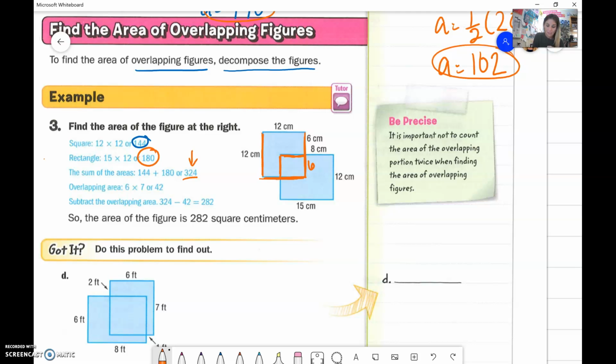The length of this entire side up here is 15, and I have used 8 right here, so this side has to be 7 because 8 plus 7 is 15. So this area right here is 42. Now I'm going to take 324 and minus 42, which is this overlapping area, to get a square area of 282.